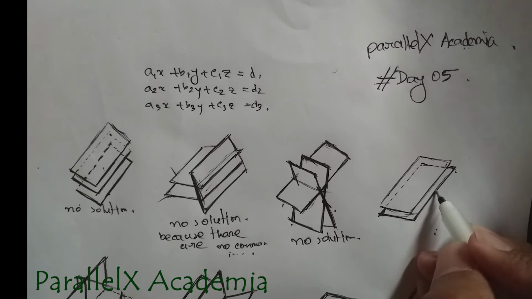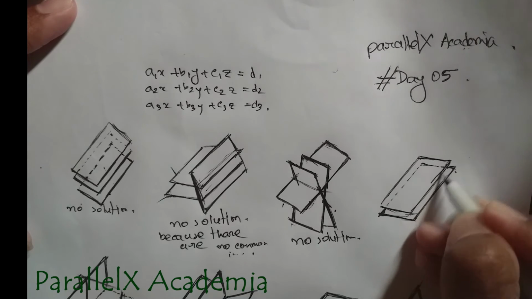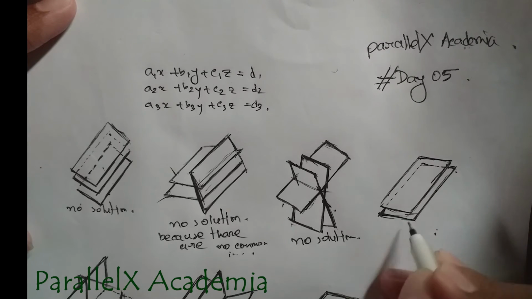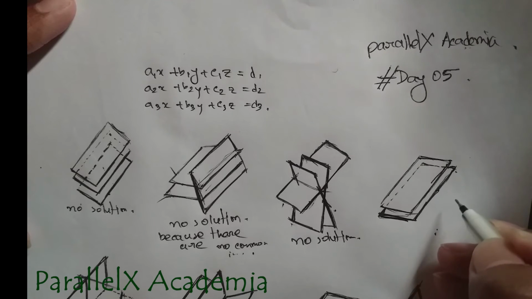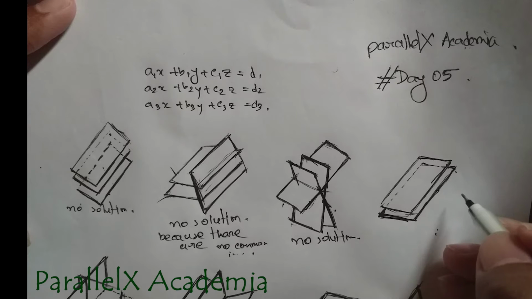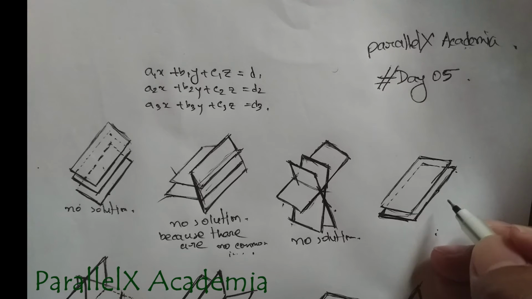That means 2 coincident planes parallel to the third plane. This is a single plane here, but here you can see that 2 planes coincide with one another. These are the 2 coincident planes.